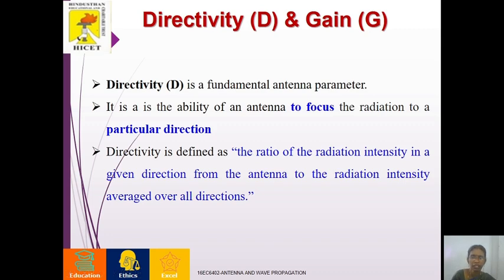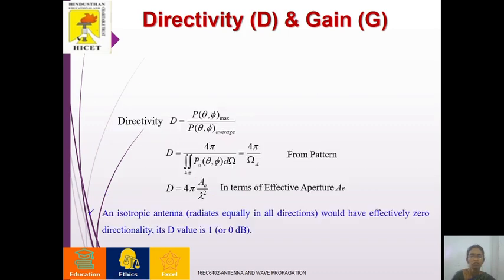Next parameter of antenna interest is the directivity. This is the fundamental antenna parameter which shows the ability of an antenna to focus the radiation in a particular direction. By definition, we can define directivity as the ratio of radiation intensity in a given direction from the antenna to the radiation intensity averaged over all directions.